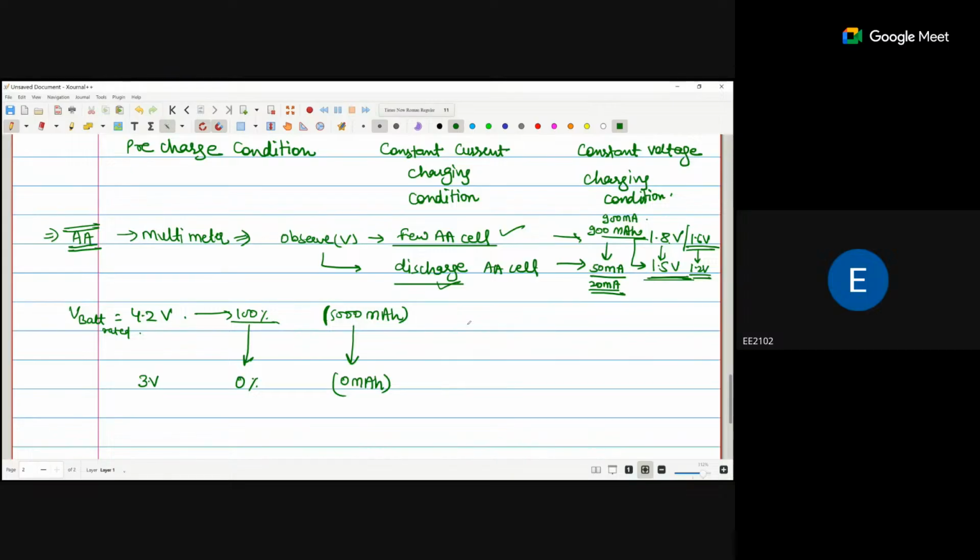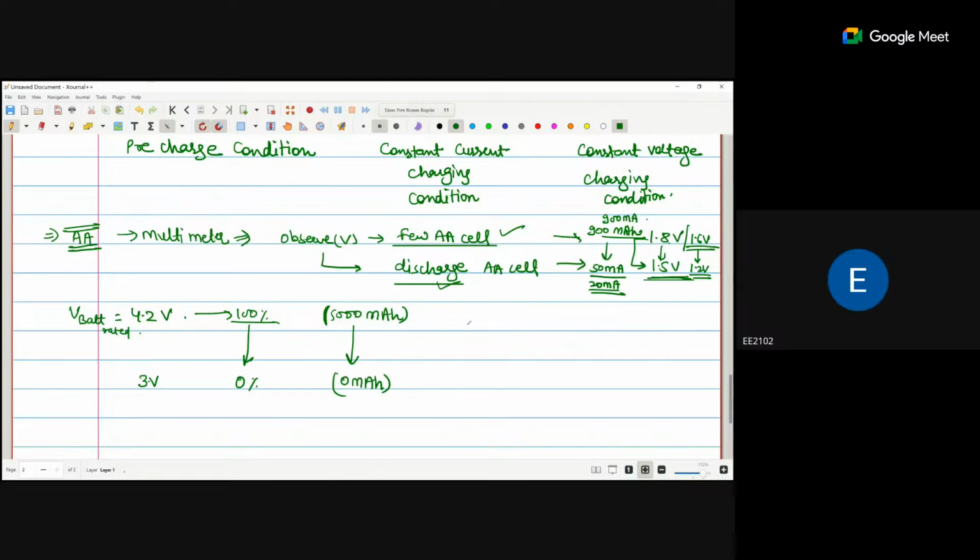To charge this, we classify our charging into three different states. One is called the pre-charge condition, one is the constant current charging condition, and the third one is the constant voltage charging condition.